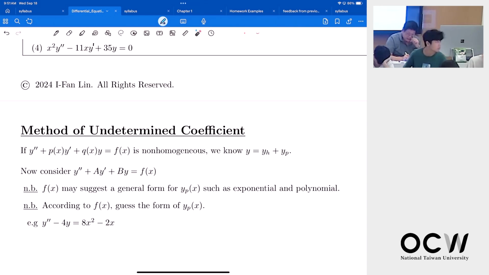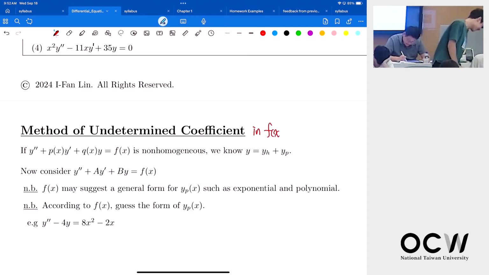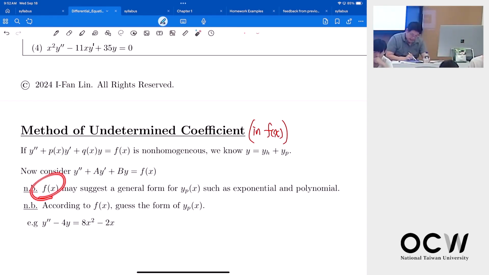We call this the method of undetermined coefficients. This coefficient is talking about the coefficient in f of x, and this forcing function will give an idea of your particular solution.